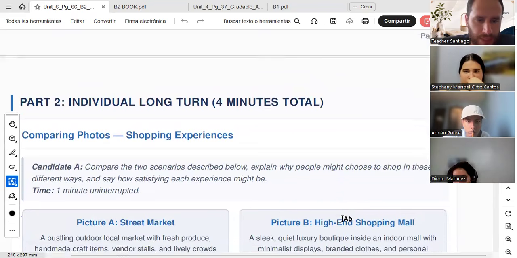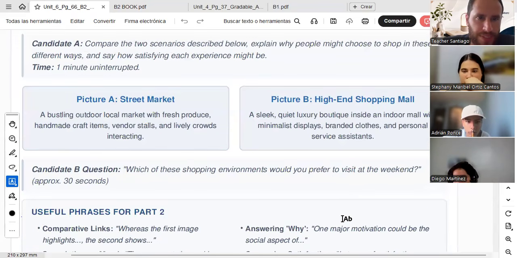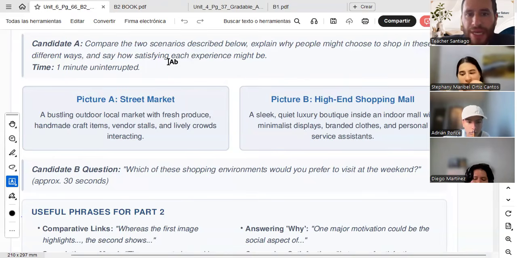But we don't have photos. Let me see something. Compare two scenarios described below. Explain why people might choose to shop in these different ways and say how satisfying each experience might be.